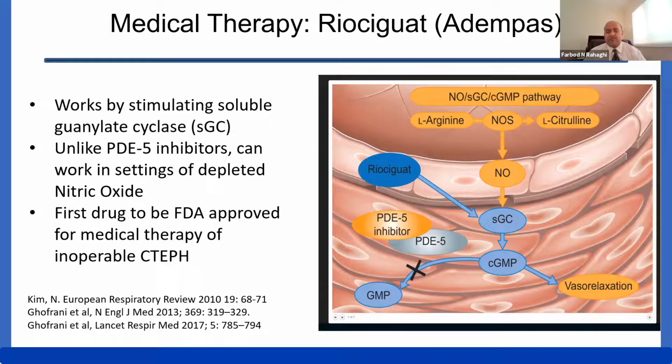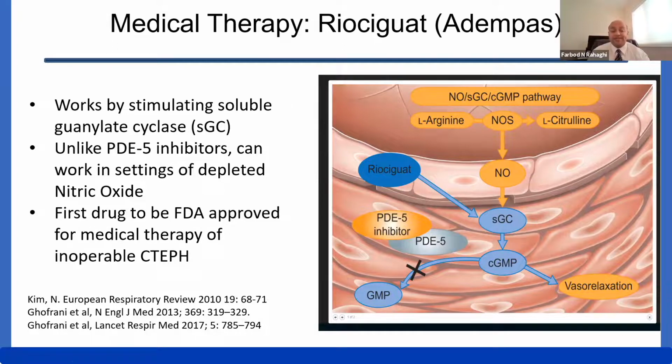Riociguat specifically was the first treatment for CTEPH that was approved by the FDA, and it works in the same pathway that eventually is targeted by PDE5 inhibitors like sildenafil and tadalafil, and ultimately leads to the same vasorelaxation.